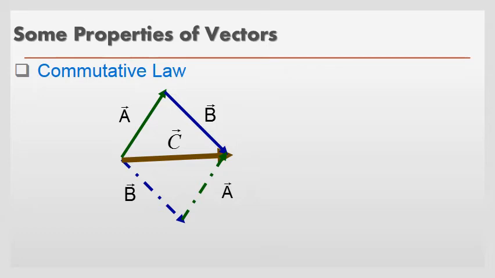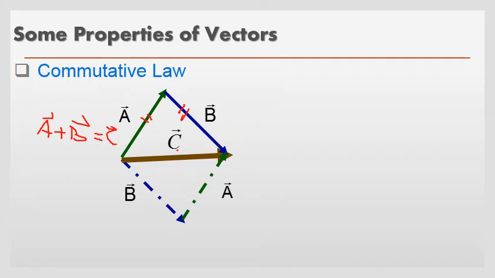If we decide to add the vector A to the vector B in here, so A plus B will give us the result C.